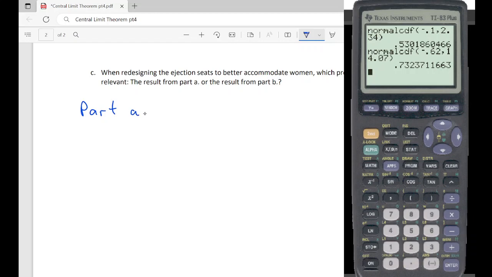Part A. And the reason why is because seats are occupied by an individual, not by a group.